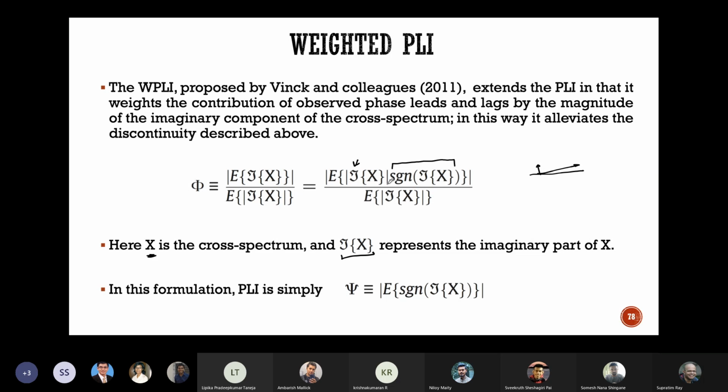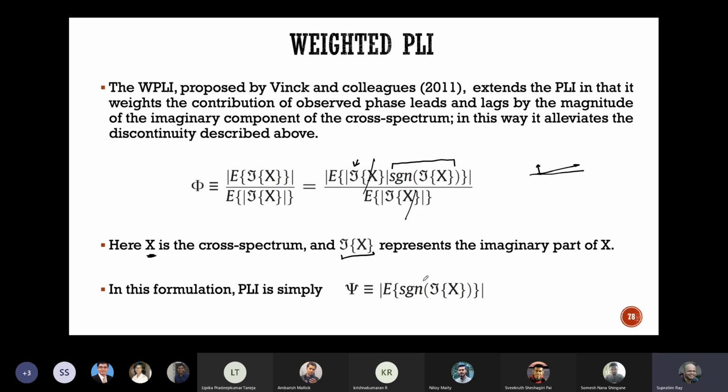And then I'm going to also normalize it by the magnitudes of these imaginary components. And this is the weighted PLI. If I didn't have this, it would have reduced to just the PLI. PLI is just the expected value of the sign of the imaginary part of X. Right, so the imaginary part is positive here and negative here.